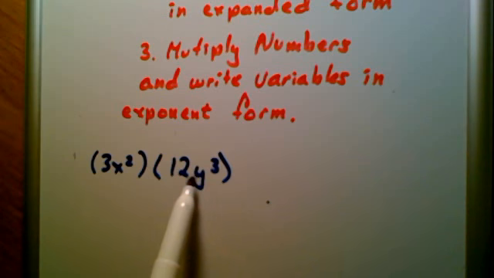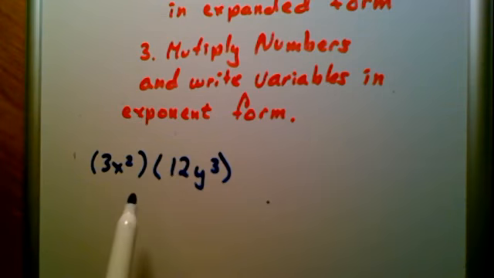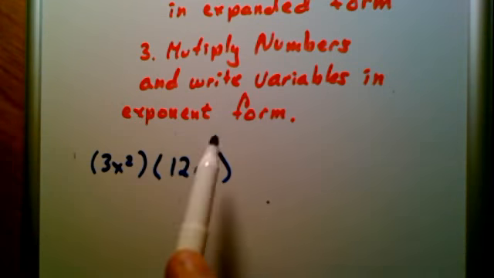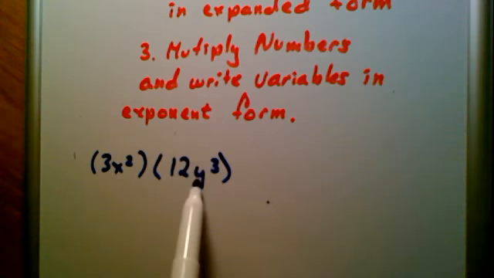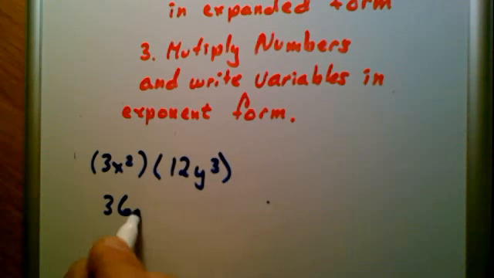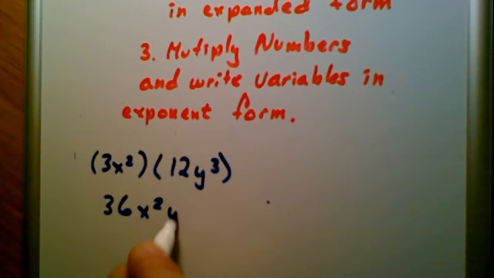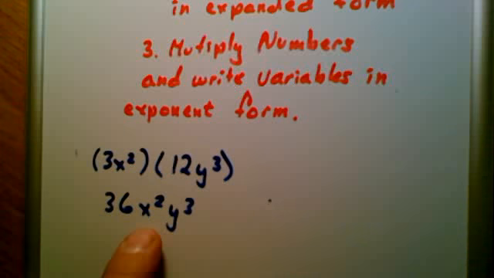There's no x's here, and there's no y squared on the first term. So what we can basically do is skip writing the variables in expanded form. We can just multiply the 3 times 12, that's 36. Then we have x squared, and then we have y to the third power. So make sure you don't say x, y to the fifth power.